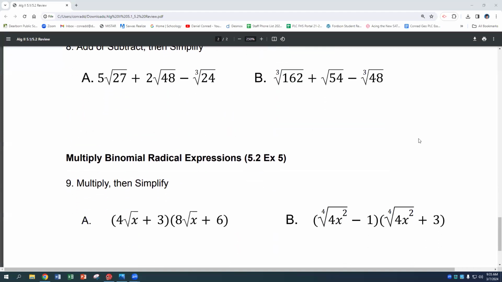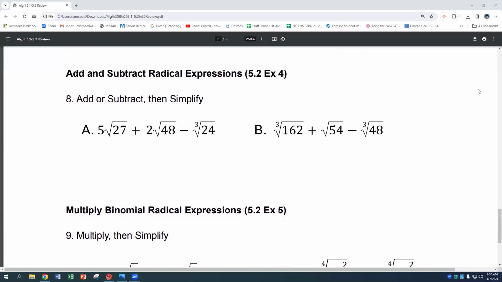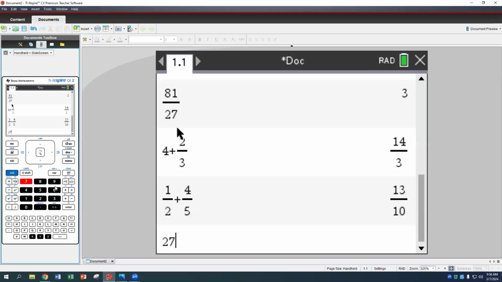All right, add subtract is the next section here. So what we want to do is reduce before we can add or subtract them. And remember, to add and subtract, you have to have the same root or the same radical sign, and you have to have the same number under the radical as well. So the first one, I have square root of 27. So I need to find a perfect square that goes into 27. So again, the process I can follow using my calculator is 27 divided by 2, which is 13.5.